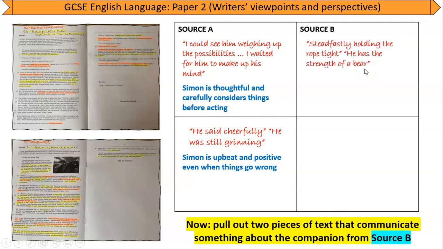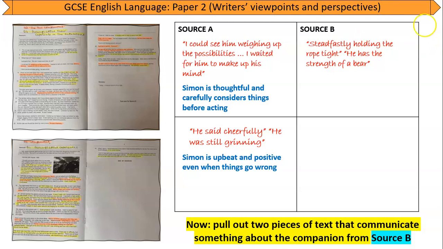Now I need to do the same thing for source B. So I've looked through source B and I'm jumping on these two textual references. I've got steadfastly holding the rope tight, and also he has the strength of a bear.